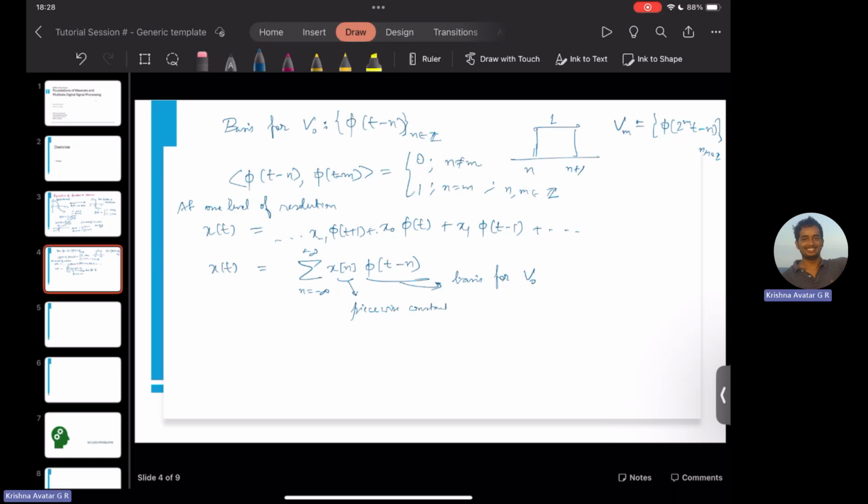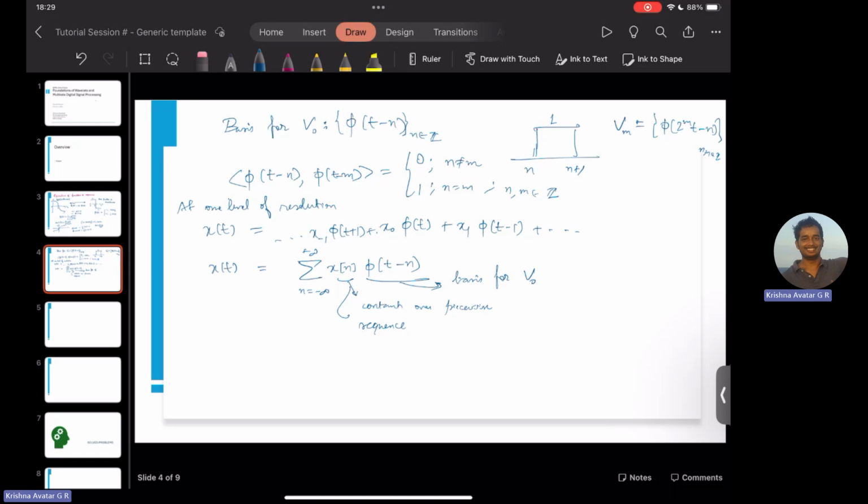They are constants over piecewise intervals. So essentially, they are the coefficients of the approximation in the space V naught. So this x of n happens to be a sequence.